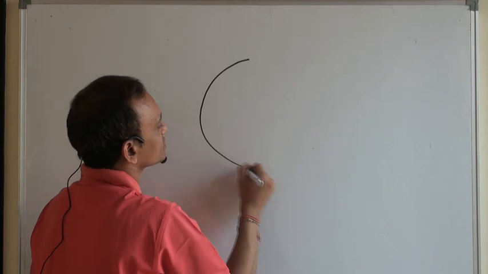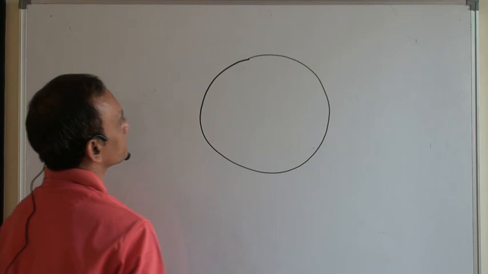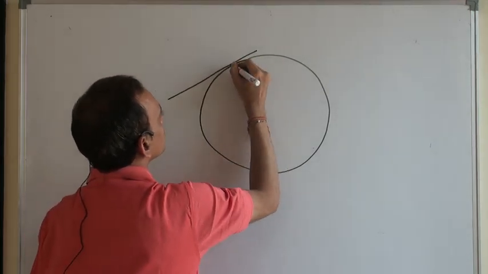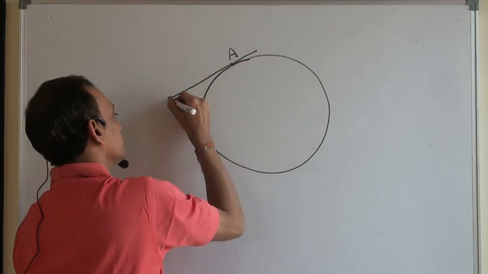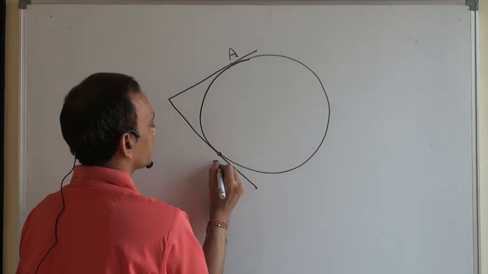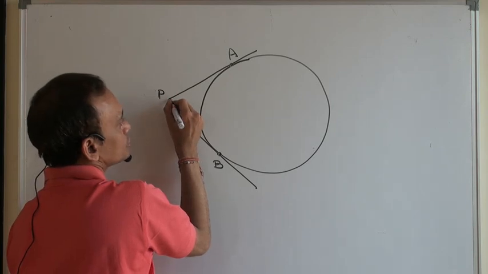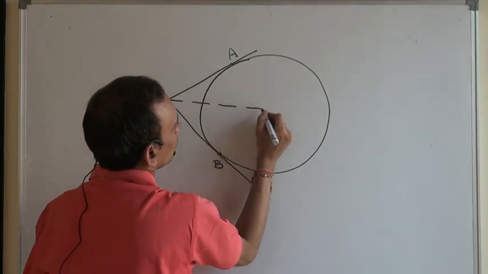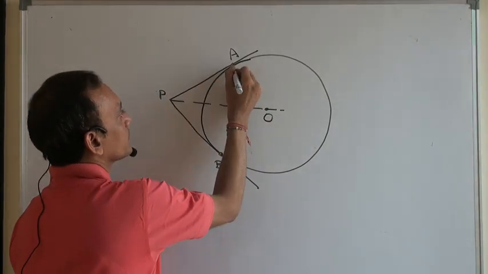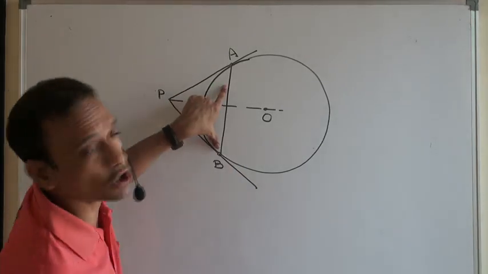So if this is a circle, and I draw tangents at two external points A and B, P is the point from which the two tangents were drawn, O is the center of the circle, then I claim that the line joining A and B, this AB is a chord.